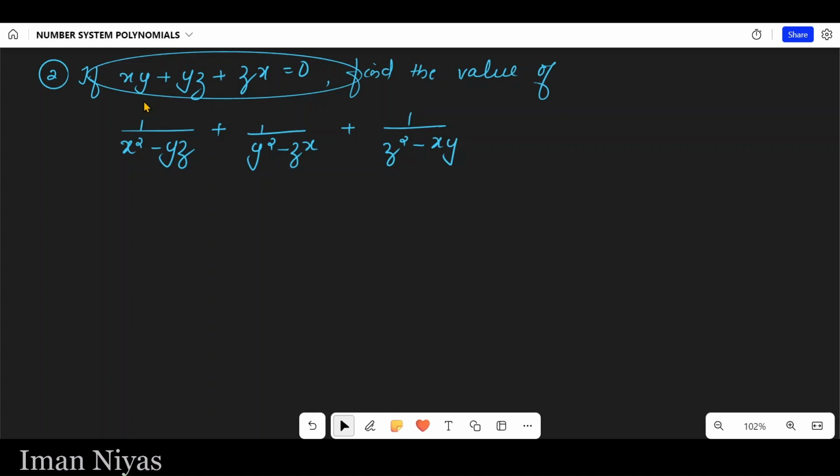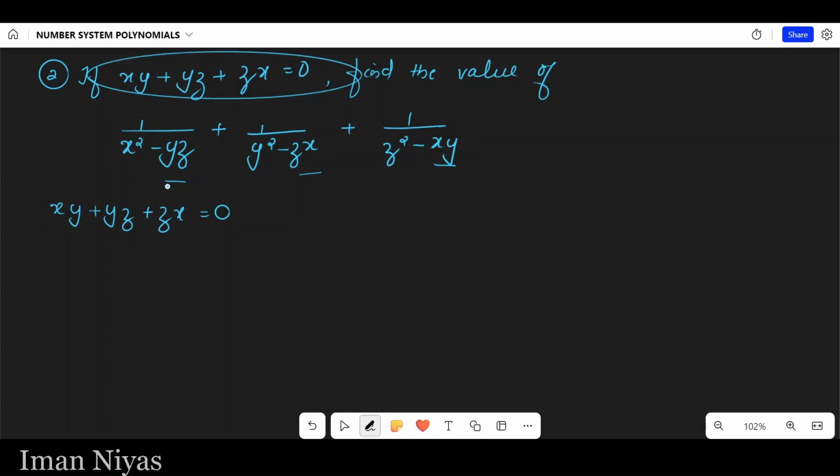So can we find out anything from that? We need to find out the value of this one. We need what is yz, what is zx, what is xy, etc. Right? So I'm taking down what is given first. Okay, so it is given xy plus yz plus zx is equal to 0. Can I find out the value of minus yz, minus zx and minus xy from what is given?